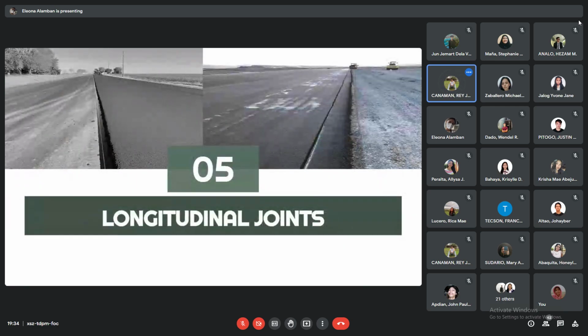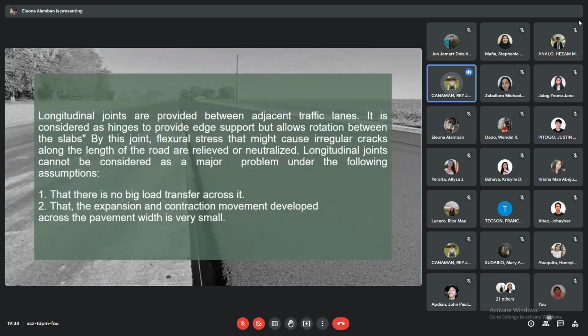So next is the type that I mentioned earlier, the four types, which includes the longitudinal joints. So in fact, next slide please. Longitudinal joints are provided between adjacent traffic lanes. They are considered as hinges to provide edge support but allow rotation between the slabs.